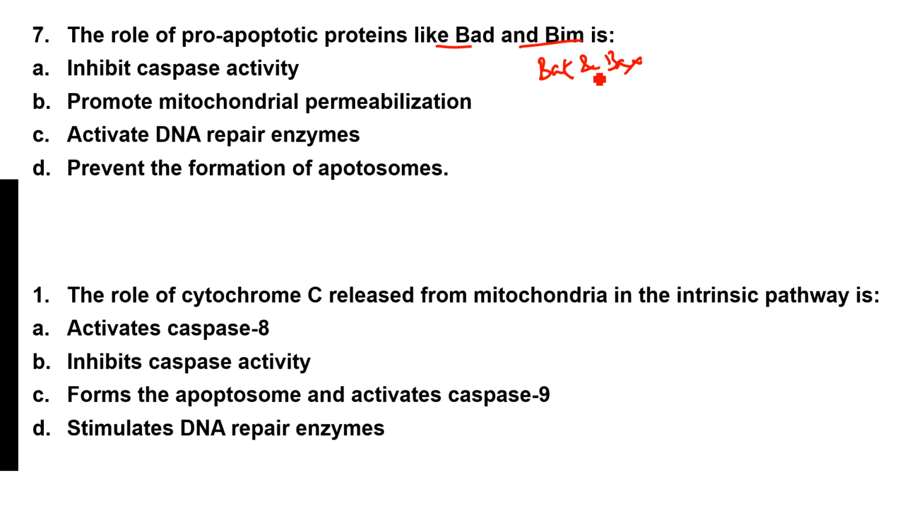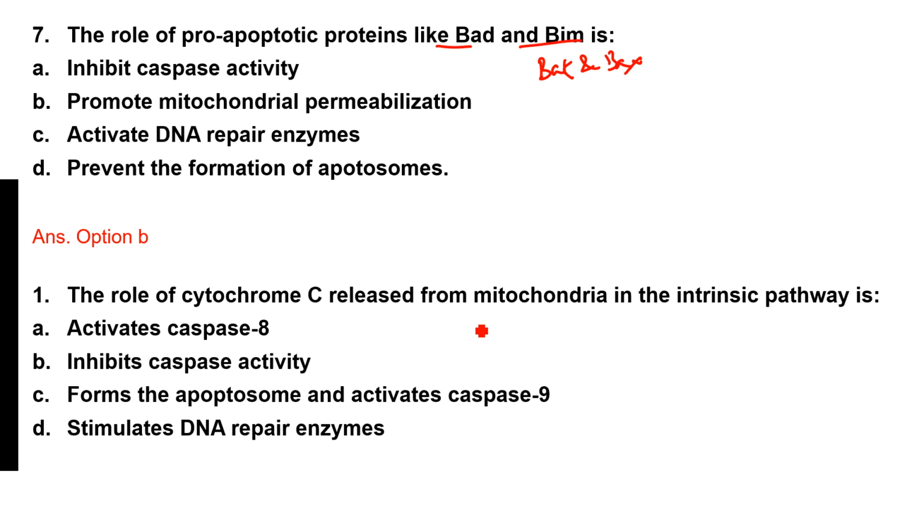Similar to BAX and BAK, these are another type of pro-apoptotic proteins, BAD and BIM. Ultimately they cause mitochondrial permeabilization so that cytochrome C gets released into the cytosol, and subsequent steps can take place. So the answer is option B, correct.